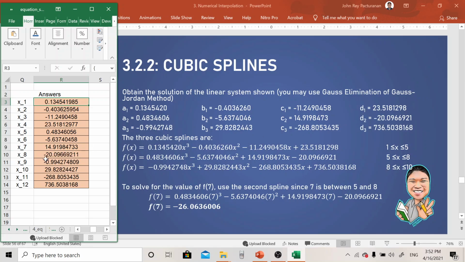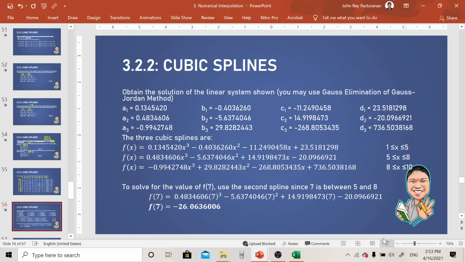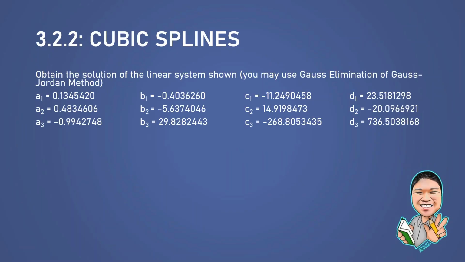And yung D sub 2 is negative 20.096691. Yung A sub 3 is negative 0.99424748. And yung B sub 3 is 29.8282443. Yung C sub 3 is negative 268.8053435. And yung D sub 3 is 736.5038168. Ayan. So, na-confirm na natin na yan po yung ating mga sagot.